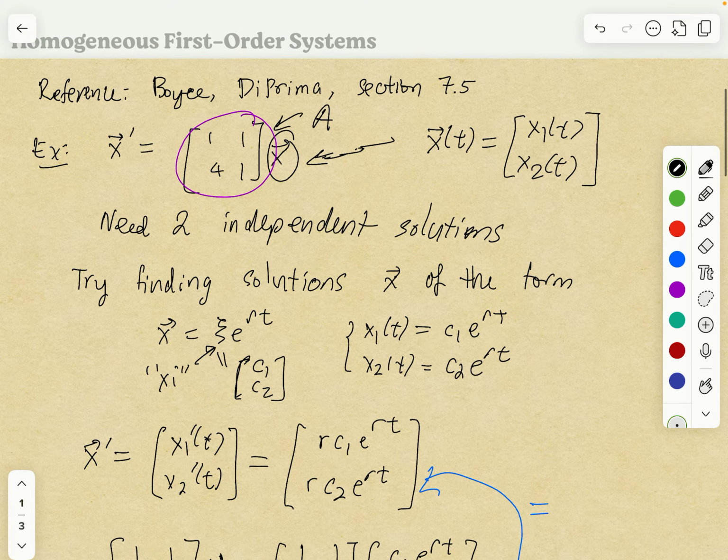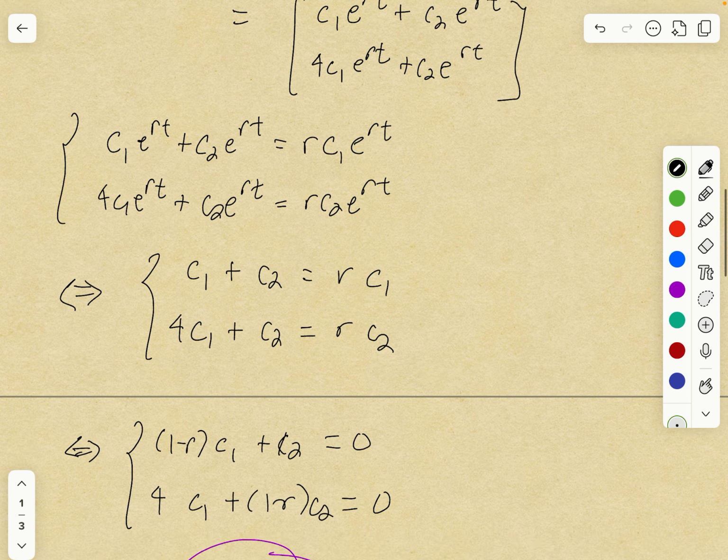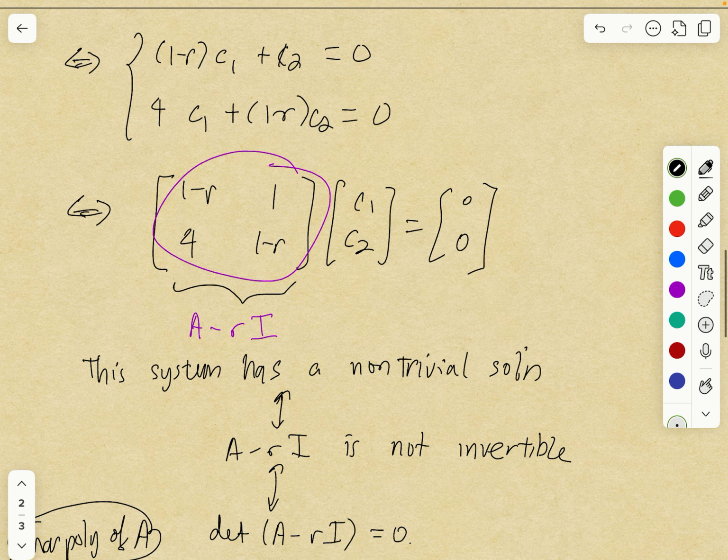We're trying to find our x, and the components of x are C1 e to the rt and C2 e to the rt. Now, it's not true that any C1 and C2 will work, because we need C1, C2 to satisfy this equation.